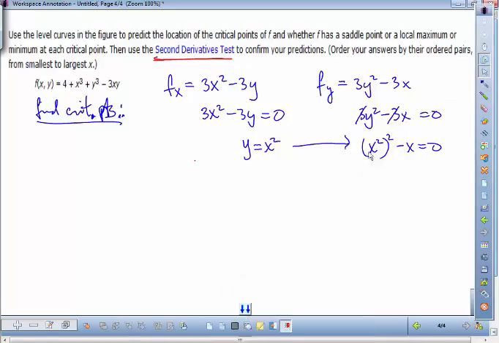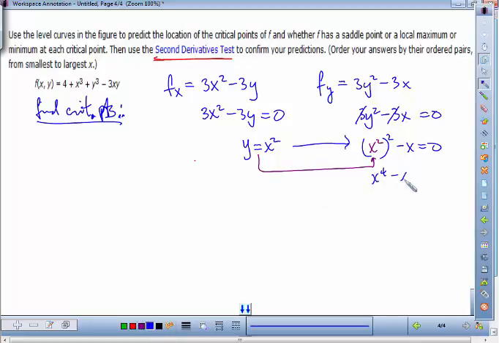Maybe if I change the color on the inside, it looks like I'm making that substitution. And then I continue to solve for this. I got x to the 4th minus x is equal to 0.